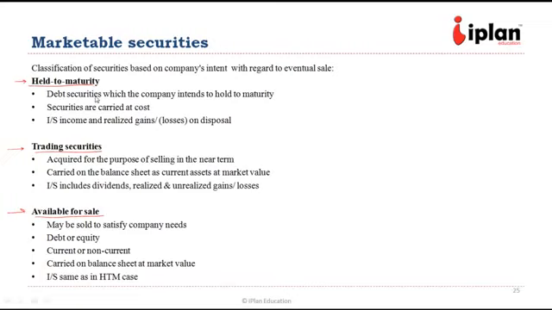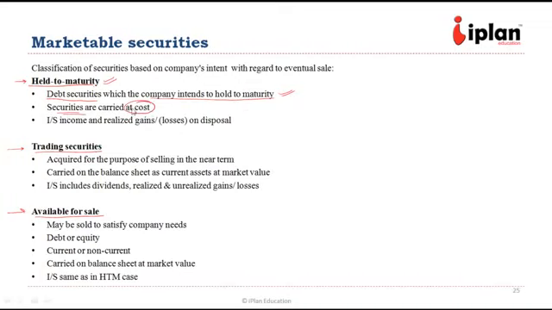This is the classification based on the treatment in the balance sheet and income statement. Let us look at the held to maturity security first. These are debt securities which the company intends to hold till maturity, for example, the long-term bonds of some firm.